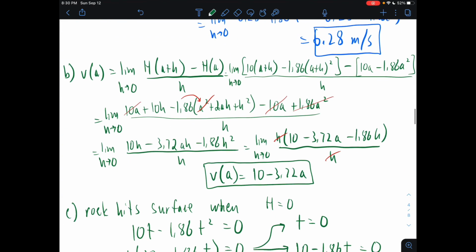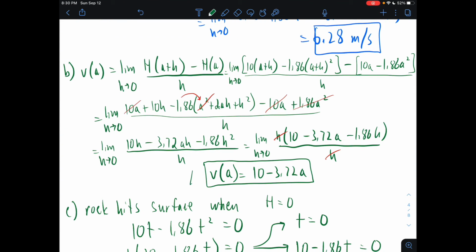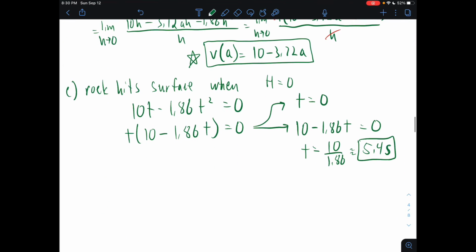So I can use my velocity expression that we got in part B. So part D, with what velocity does it hit the surface?